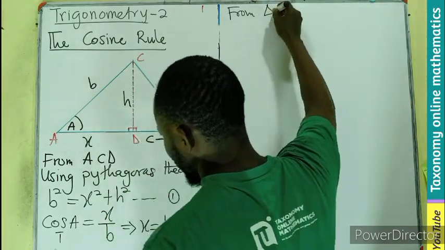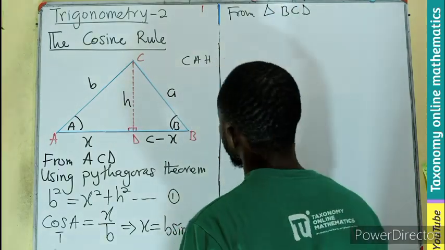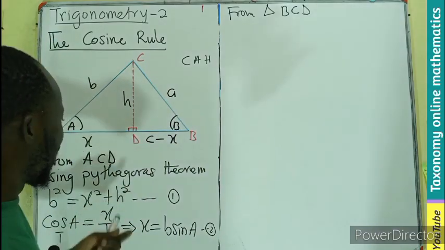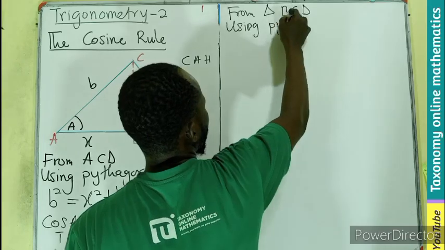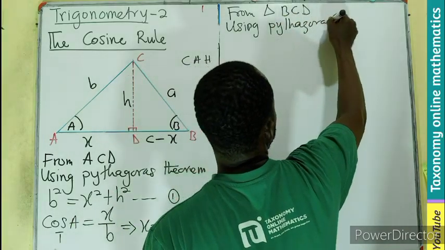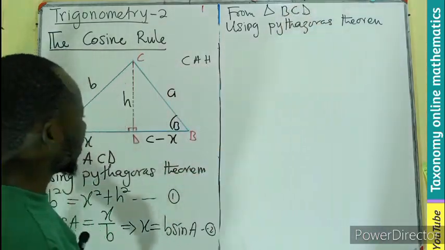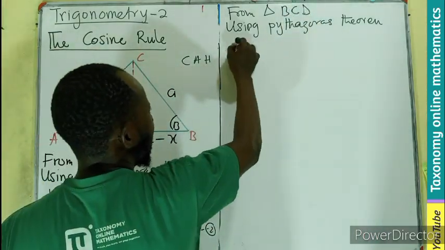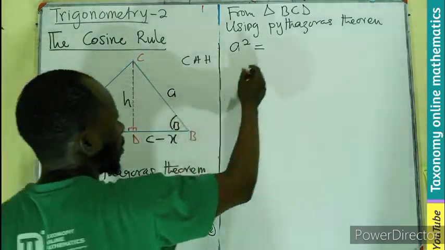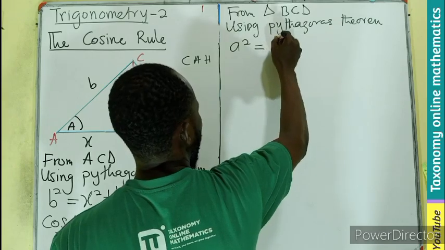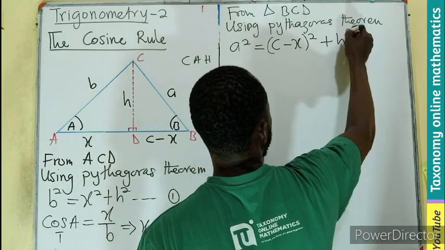From the triangle BCD, let's use Pythagoras theorem. Where is the hypotenuse? a. a square equals the sum of the squares of the two shorter sides, meaning c minus x all squared plus h square.